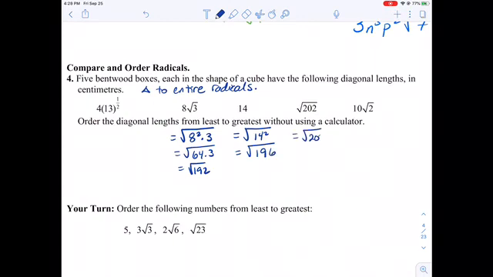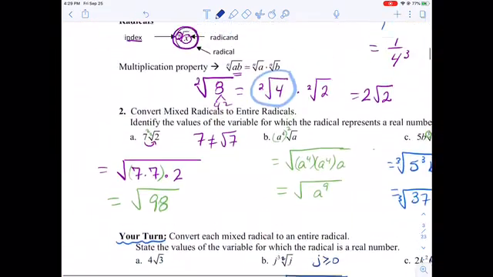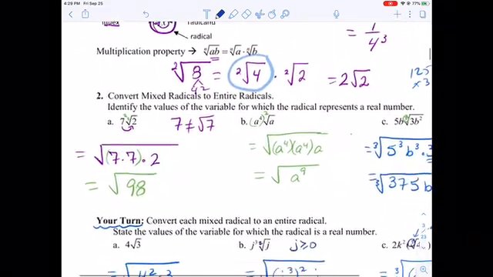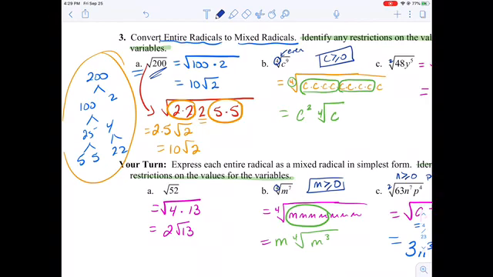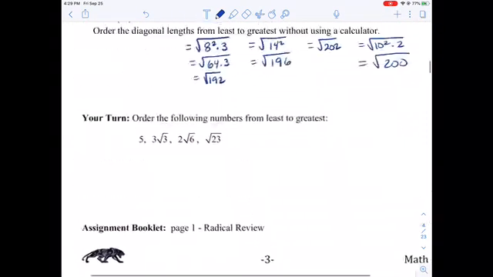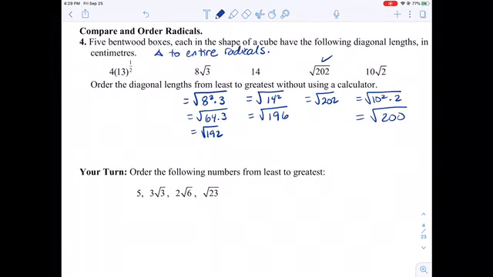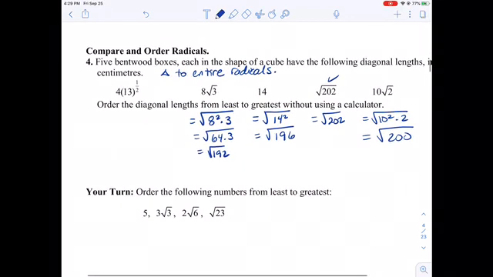The square root of 202 is already done. And 10 root 2 is equal to the square root of 10 squared times 2, which is the square root of 200. That's the very first question we did up here somewhere. Right here, yeah, 10 root 2 is the same as square root of 200.